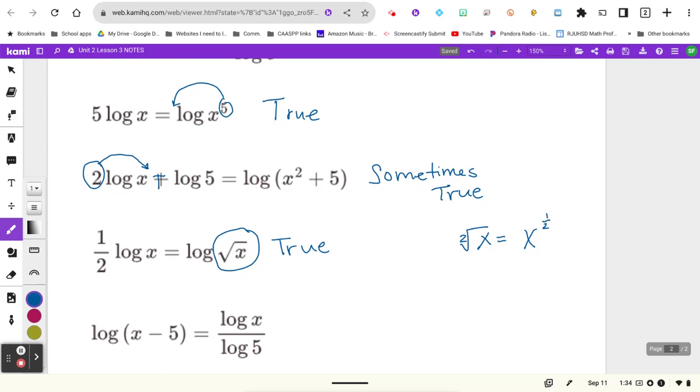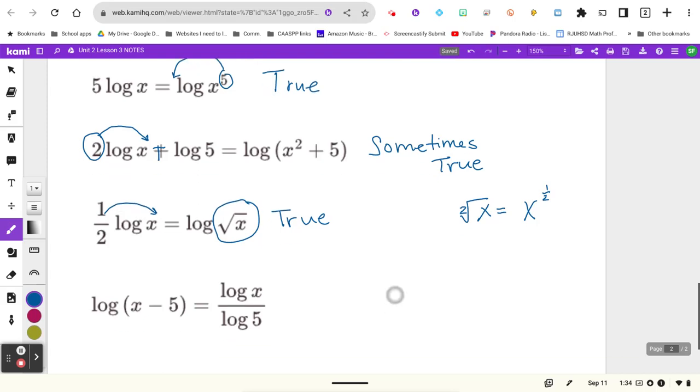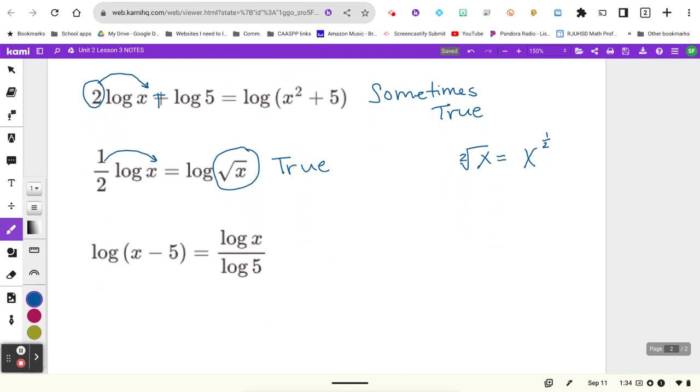And if we had it with a log, it just goes in front. So it's just skipping one step in here. So this one is true. This next one again is going to be false. We're not going to have 2 logs here. They're trying to trick you.